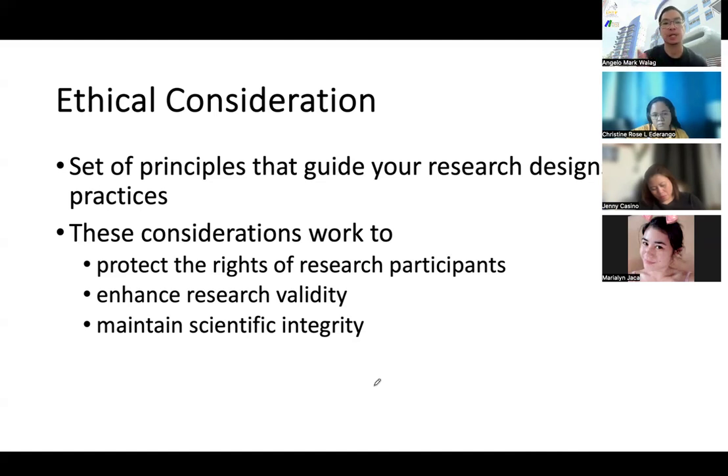So what do we consider for ethical considerations? Number one, we have to ensure that the rights of the research participants are protected. Second, it enhances our research validity. And then finally, it maintains the scientific integrity of our research.